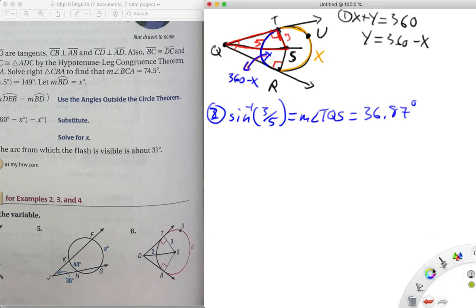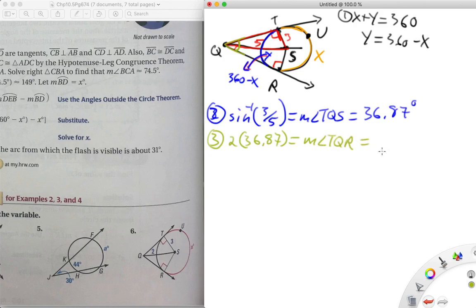Step 3, we're going to multiply this by 2 to get the whole angle TQR. So 2 times 36.87 gives me the measure of angle TQR.